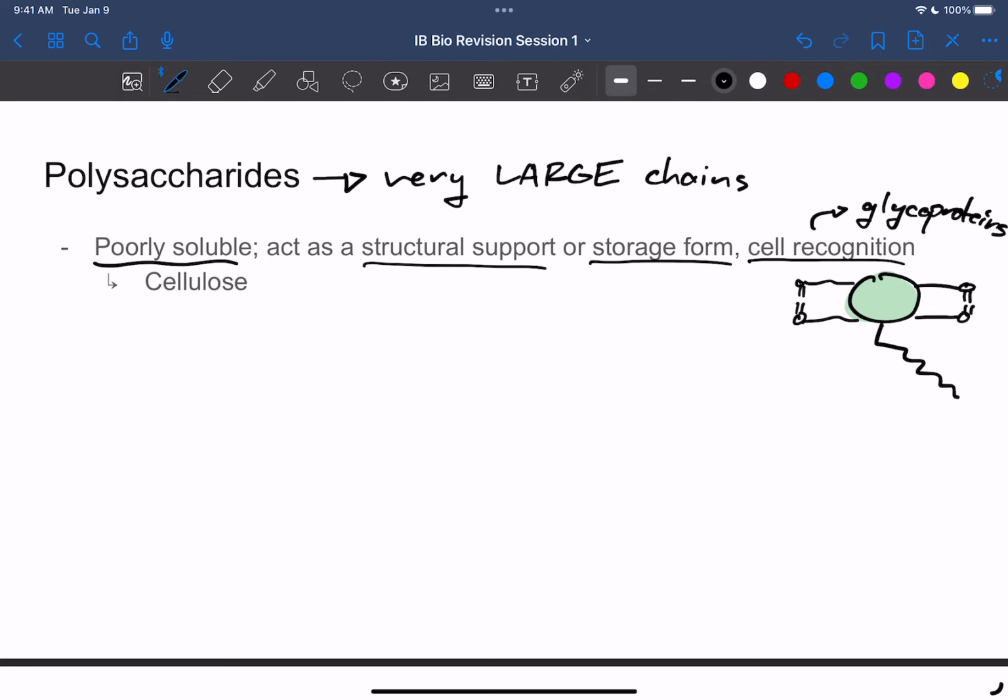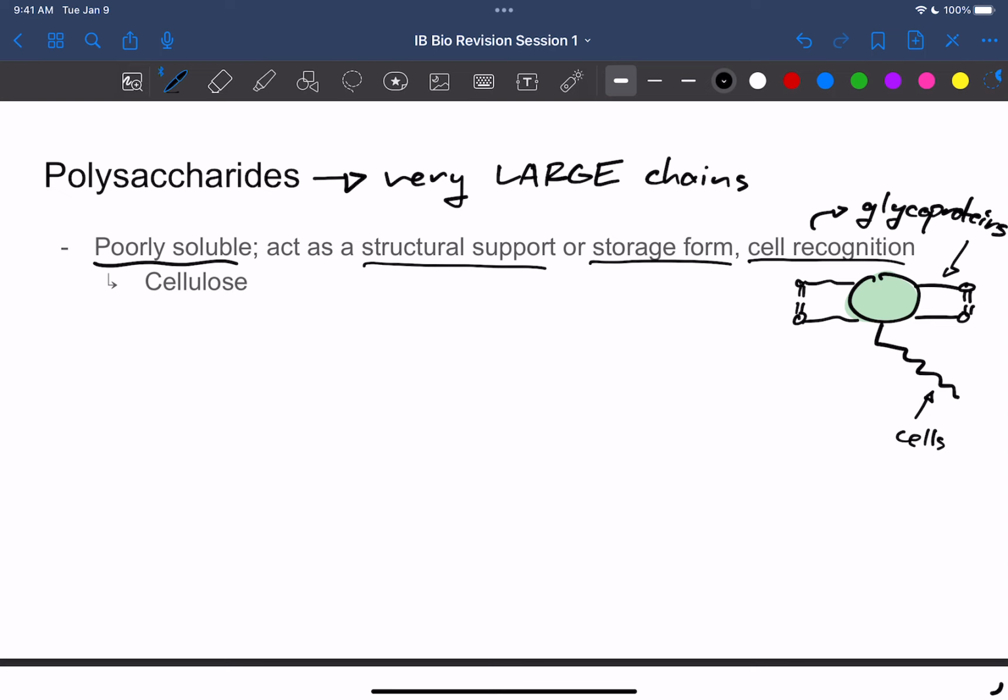And you could have something like this. This is a glycoprotein, and these can interact with other cells. And they can create recognition. So this is a lot to do with how your immune system works, a lot to do with how cells kind of know which cells to talk to, I guess.